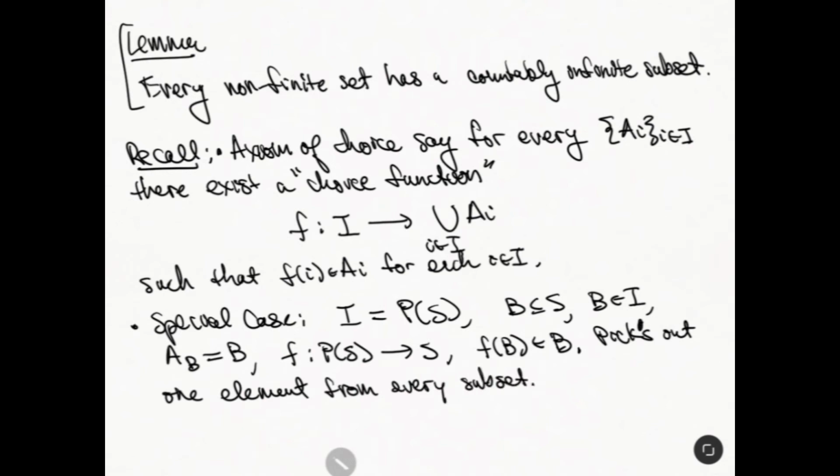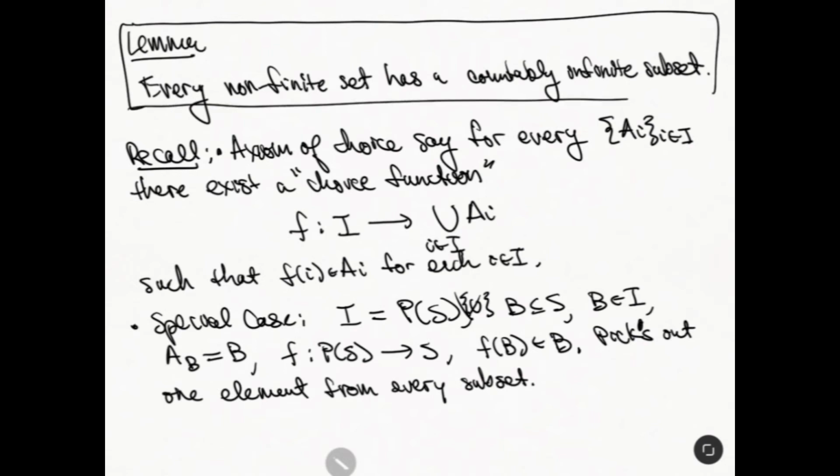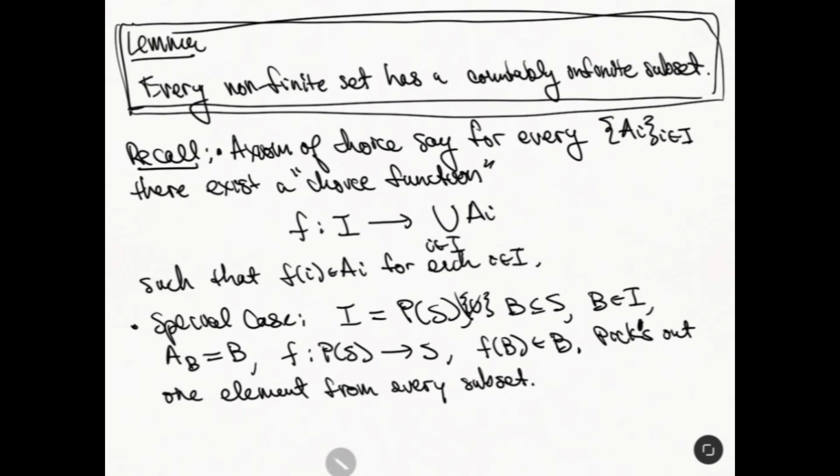So I guess what I should say is you have to remove the empty set from the power set, because if you want this to be true, you need the subset to be non-empty. Okay, all right. So now that we're experts on the axiom of choice, we're going to apply that to this particular problem here.